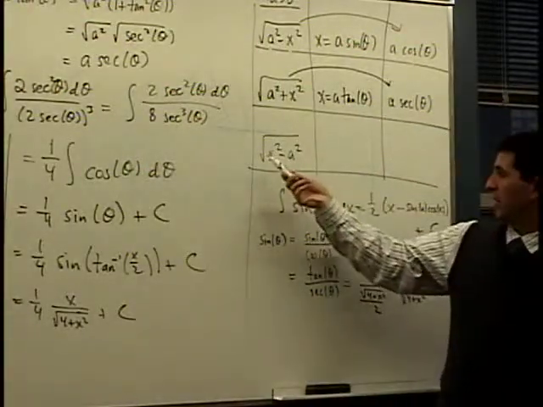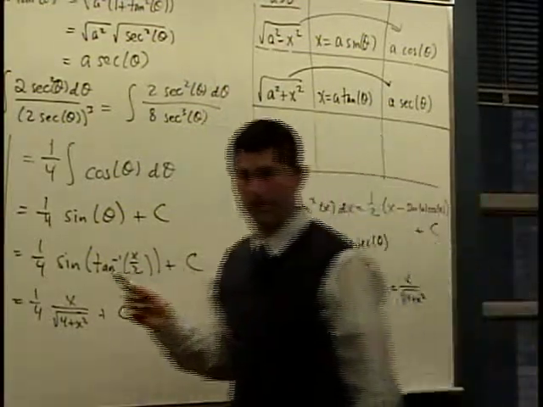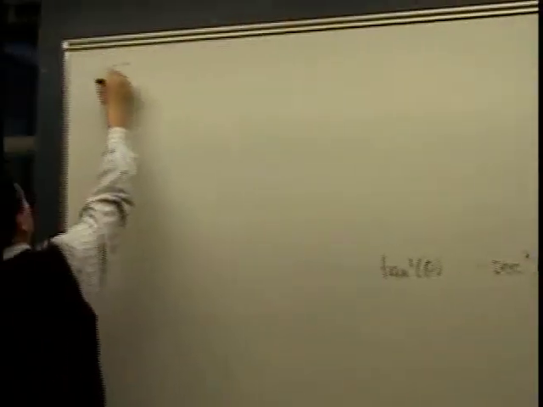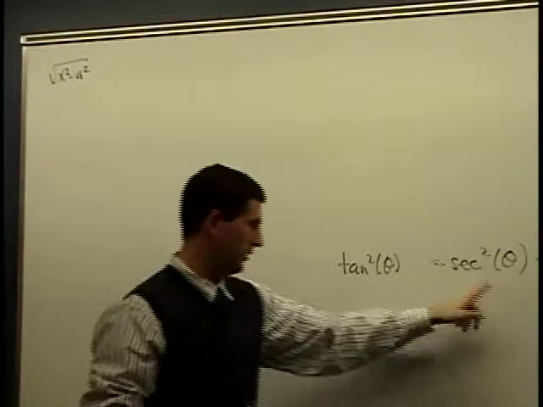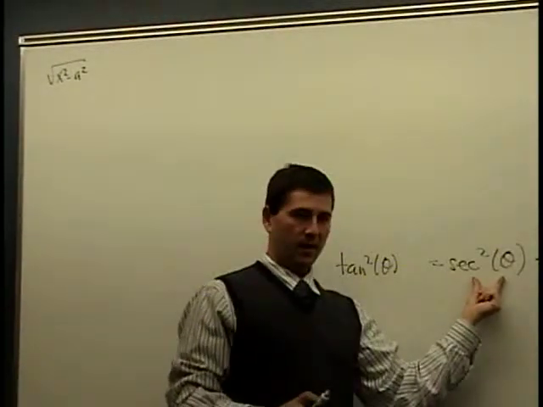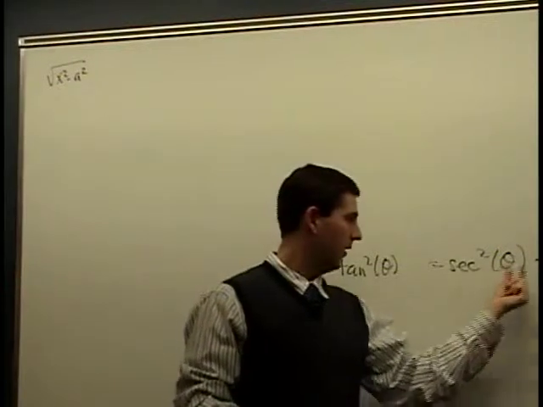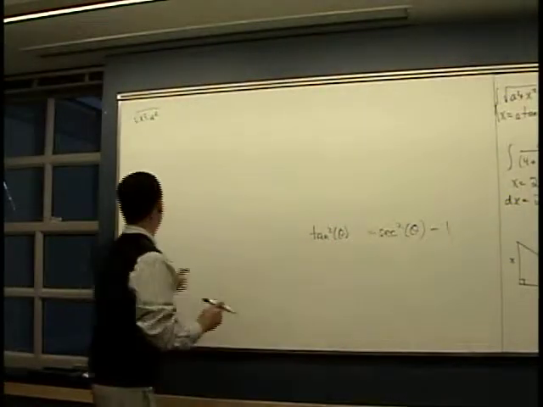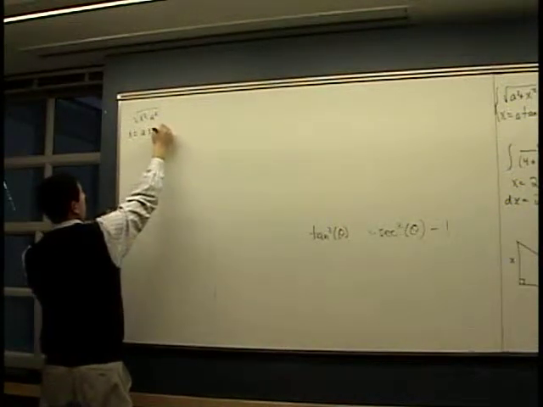So I'm looking now at expressions of the form the square root of x squared minus a squared. And if I want to use this formula, somehow I want to get that to be my x. And my a is going to come from there, and then I can replace things with tangent. So I make x equal to a secant of theta.